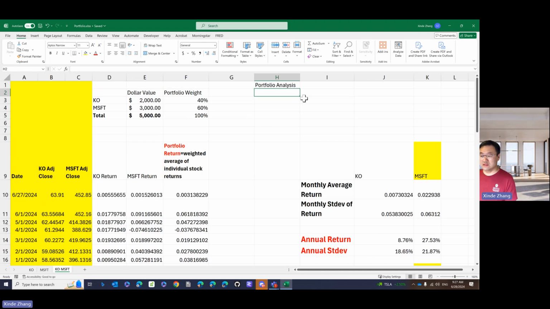Okay, and for my portfolio, I also want to know, okay, same thing here. Monthly return, and if I don't see much, I mean average. Okay. Monthly standard deviations.